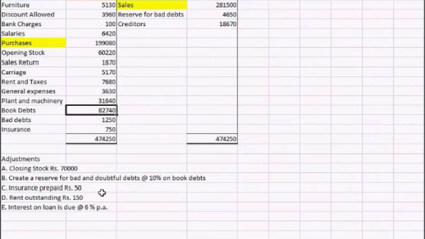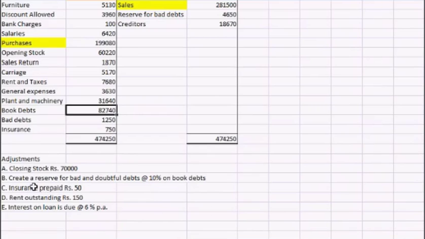Now we come to the next adjustment. Insurance prepaid. Anything that is prepaid is said to be an asset for the company, because the benefit of the prepaid amount can be taken in the future.